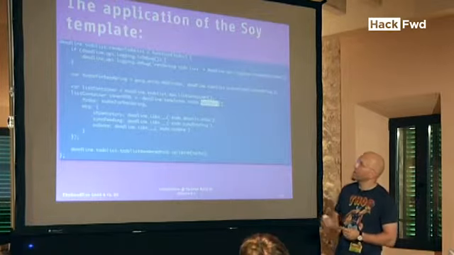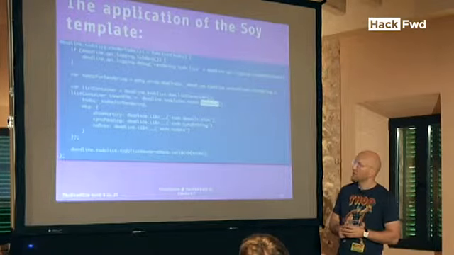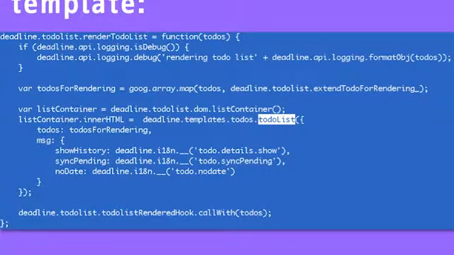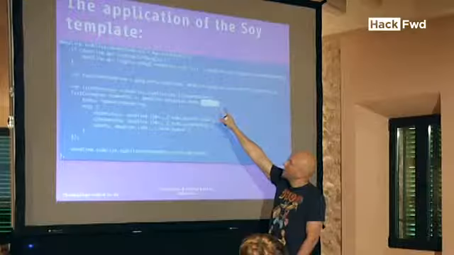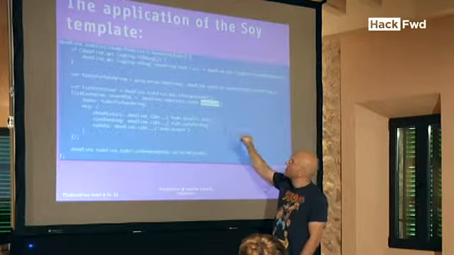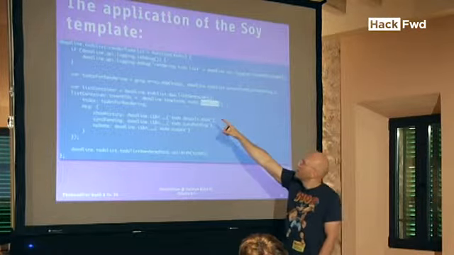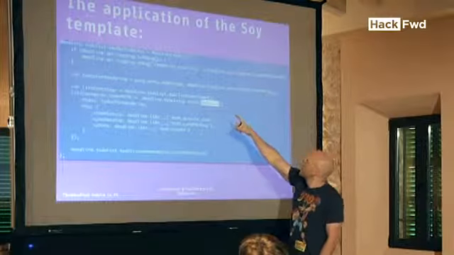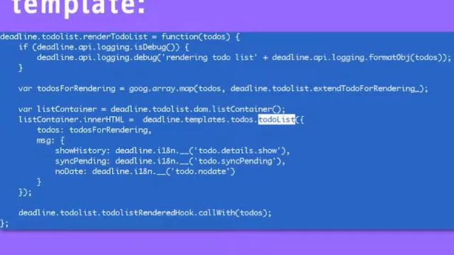So this looks then like this. This is also one function from the Deadline code, render to-do list. We have some debugging up there, and then we have here a map function which takes a list of to-dos, and we call a function to prepare the to-dos for rendering.